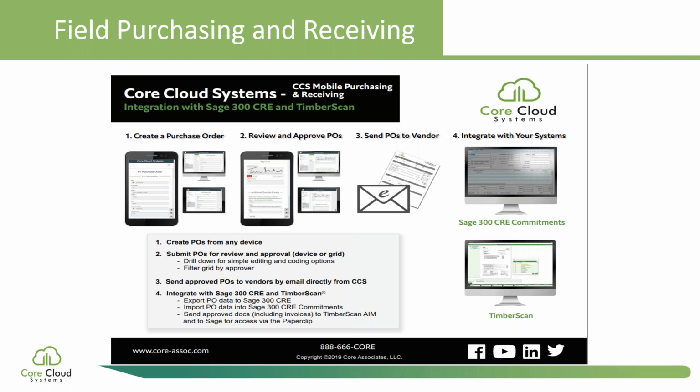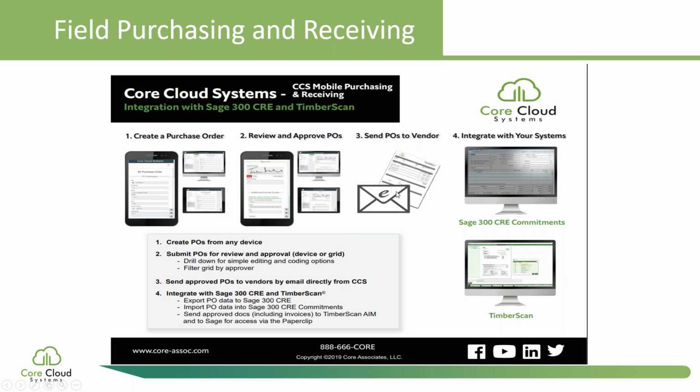To give you an example, one of the options that you have in our system is field purchasing and receiving. If you're using TimberScan or you're not, it doesn't really matter. You can start a purchase order in the field on any kind of device. You can route and approve it, and you can send the PO to the vendor if you need to.